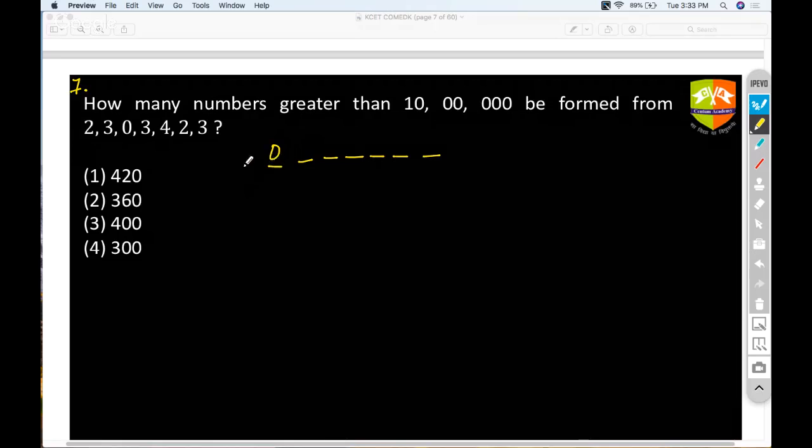So how many numbers are there which will be lesser than 1 million? You have to exclude 0 and see how many digits are there. 1, 2, 3, 4, 5, 6 digits are there. Out of that, 3 is repeated thrice, so 3 factorial. 2 is repeated twice, so 2 factorial.